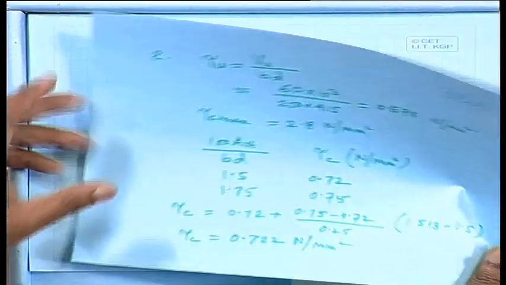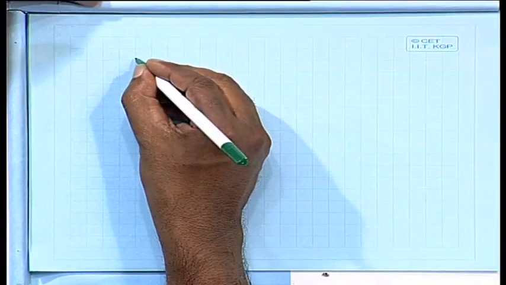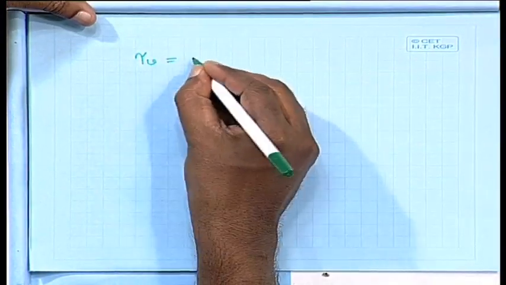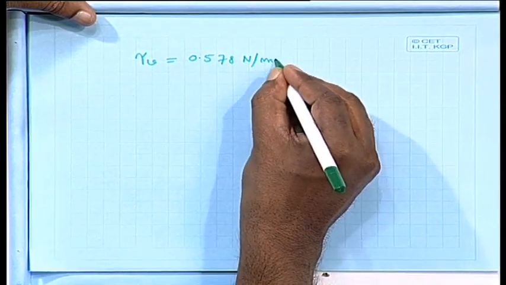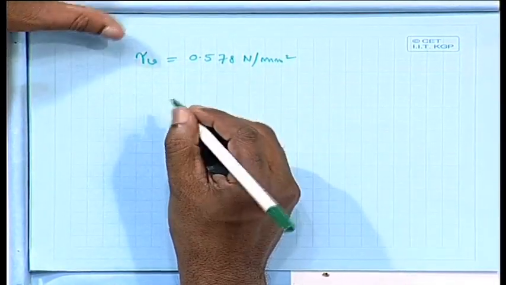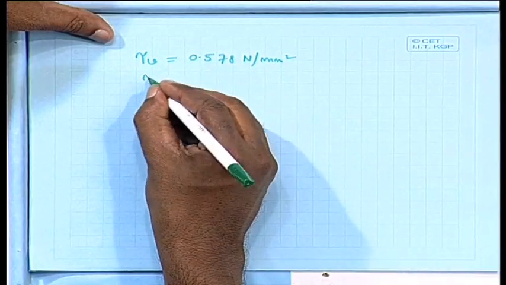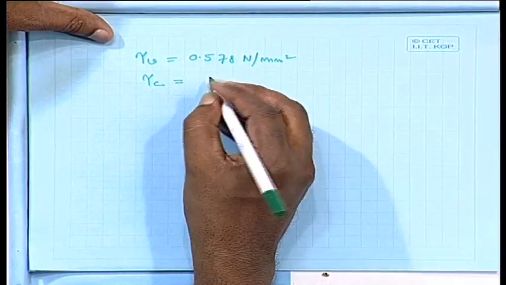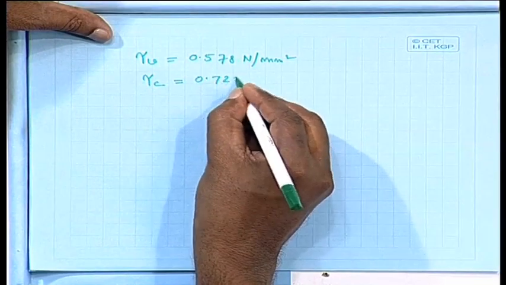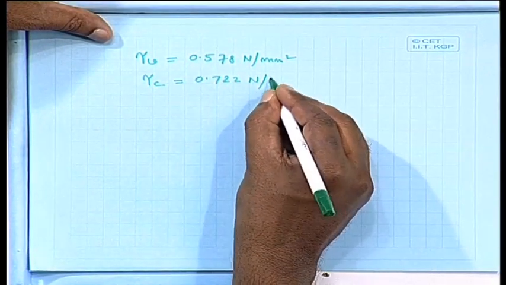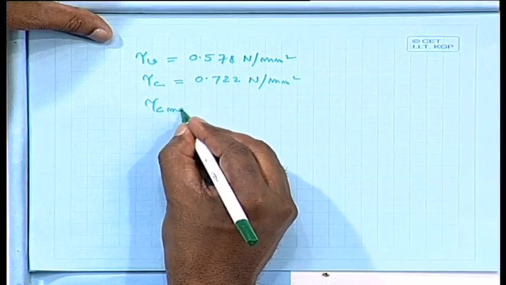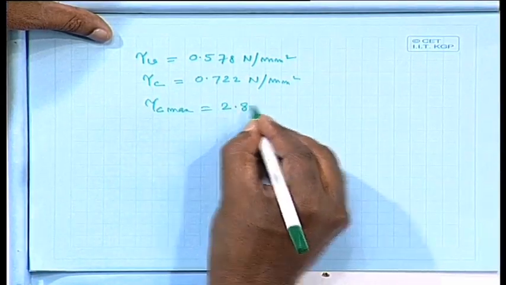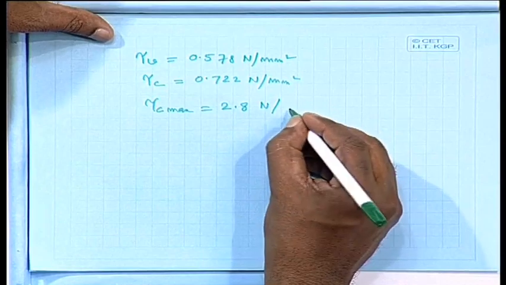So, if we write down tau V 0.578 Newton per square millimeter, tau C computed 0.722 Newton per square millimeter, tau C max 2.8 Newton per square millimeter.